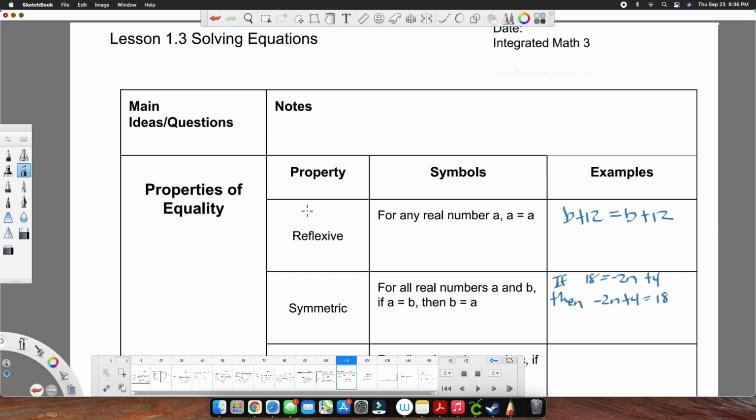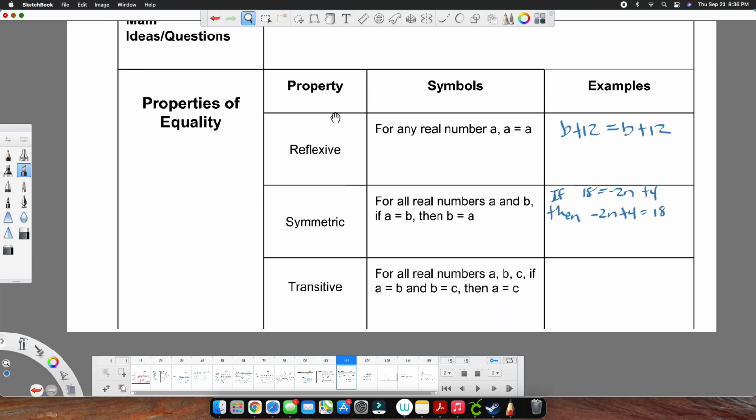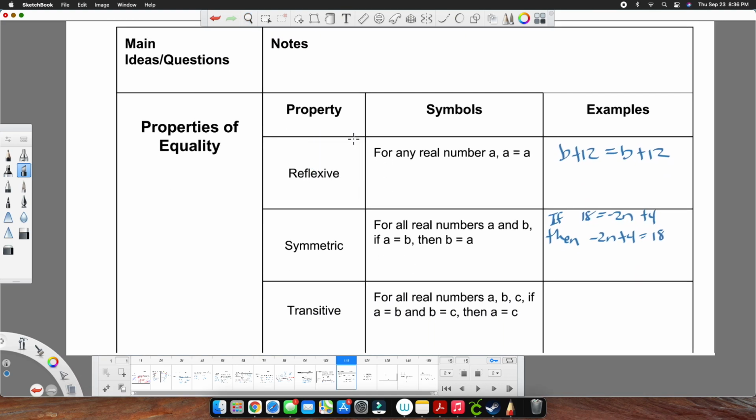So let me scooch down here so you can actually see this next part. So transitive: for all real numbers a, b, c, if a equals b and b equals c, then a equals c. So I kind of like to call this one the jump property. And I like to do this little step down so you can actually see a equals b, b equals c, like this. So we can actually see that it's matching here, and I'm jumping from a to c.